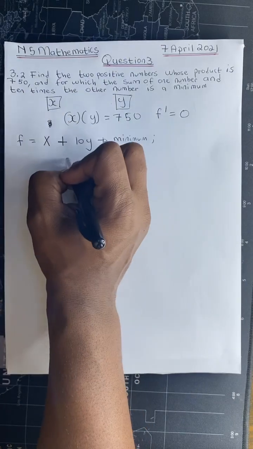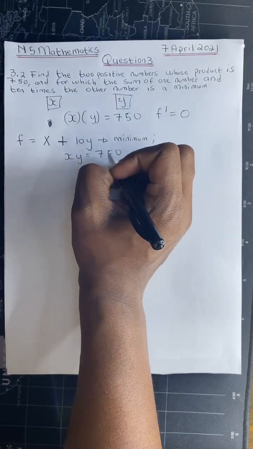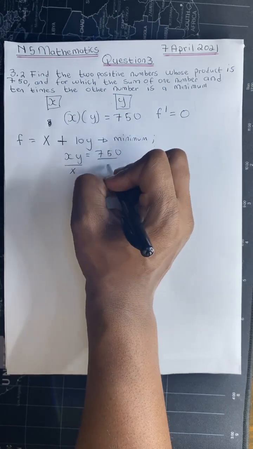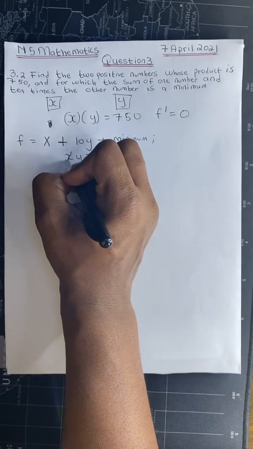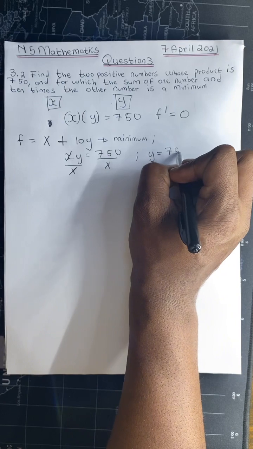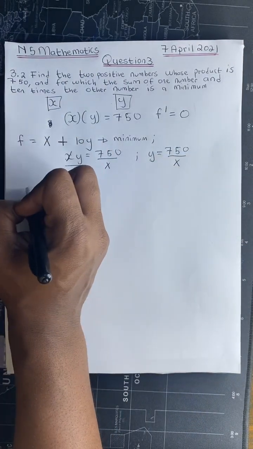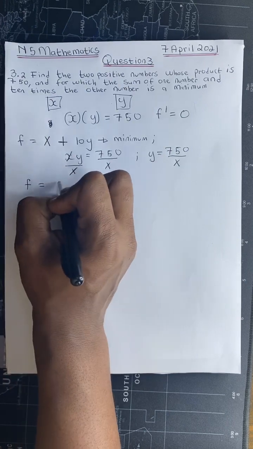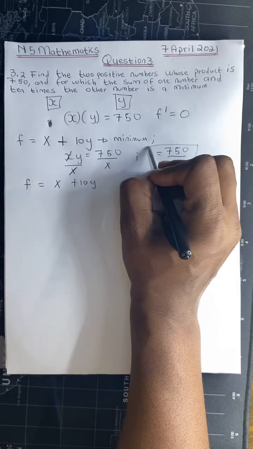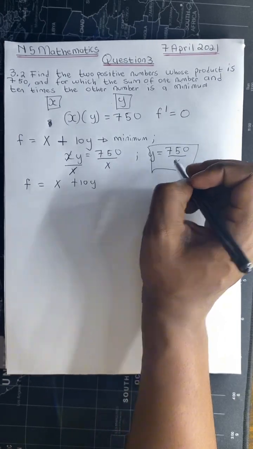So we have xy is equal to 750. Let's make y the subject of the formula by dividing both sides of the equation by x. So that x will cancel out with that x, and y will be equal to 750 divided by x. So in this equation, f is equal to x plus 10y.